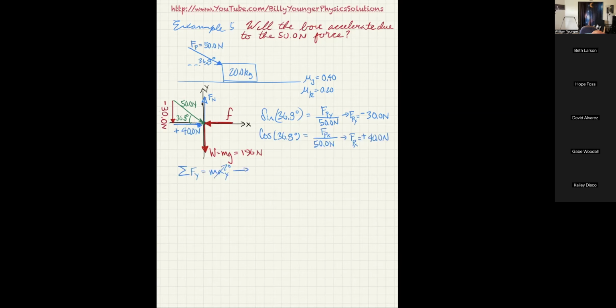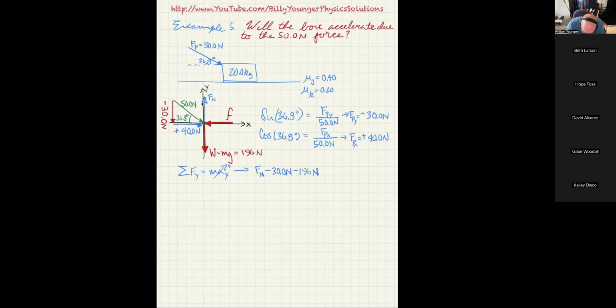So in this case, I'm going to get the normal force Fn, which is clearly in the positive direction, so I write it down as a positive Fn. And then I see I have a vertical force acting downward that's therefore minus 30.0 newtons. And then I have the weight that is minus 196 newtons.